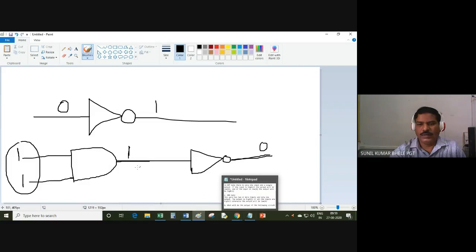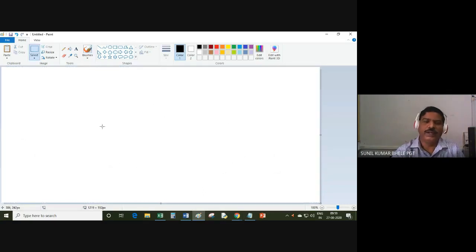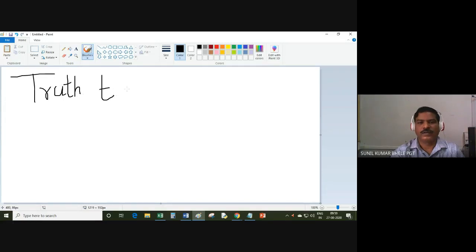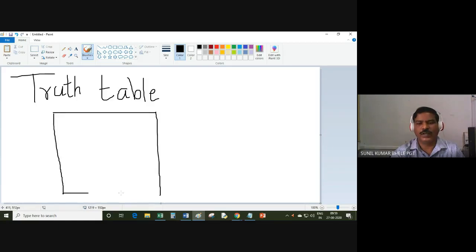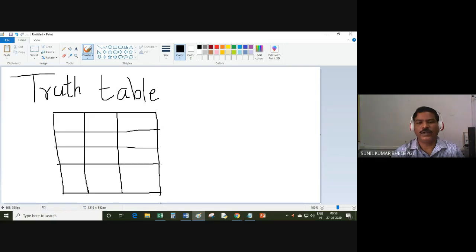Okay, let's draw the truth table of the AND gate. In your notebook, draw the truth table of the AND gate. I am using a pen brush, so I am not able to draw straight lines, but this type of truth table you can draw.